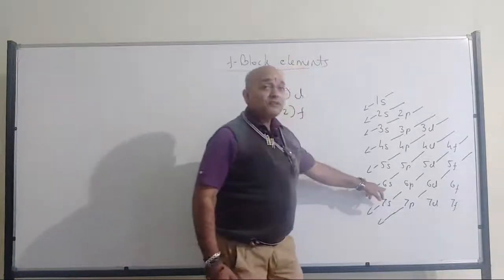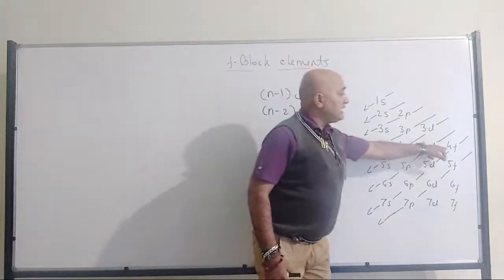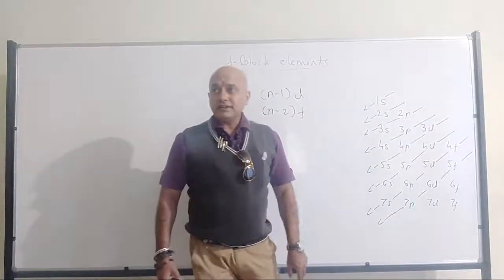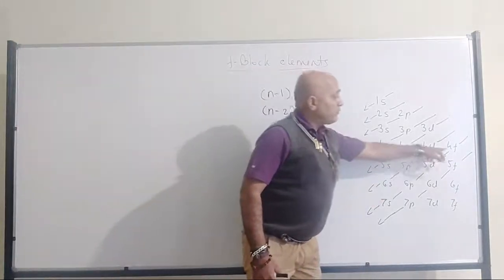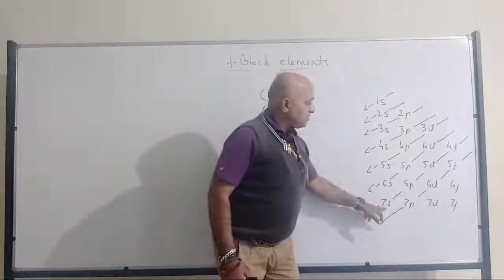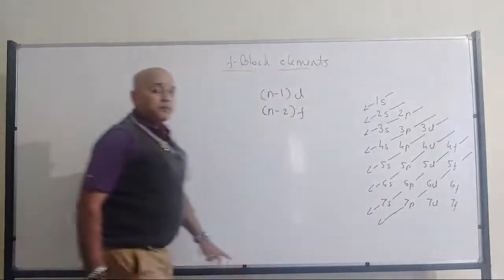So from period number 6 only, we can have the F block element. Period number 6 is the 4f series. Period number 7 is the 5f series. Got my point?